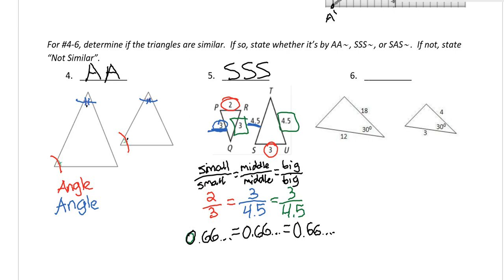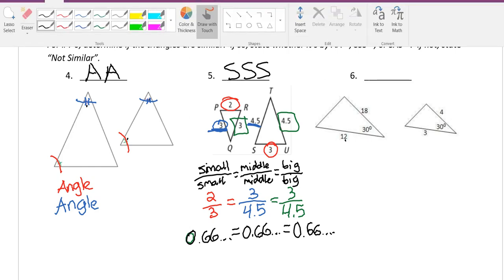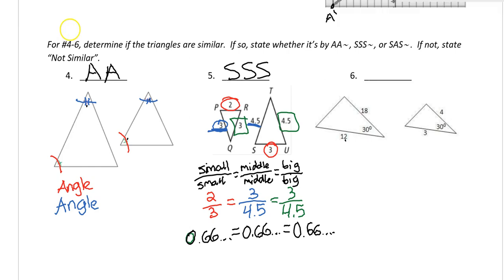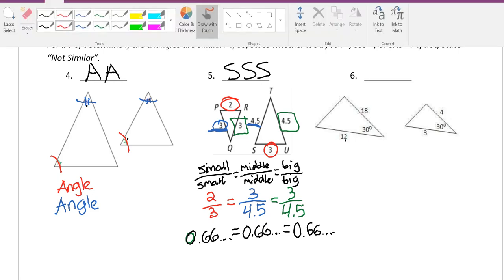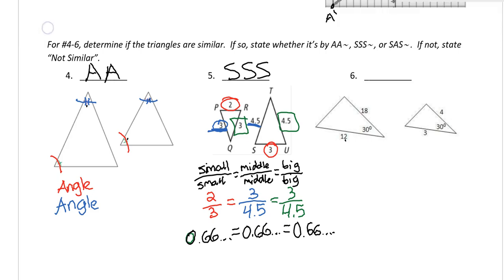Looking at our last one, I have 2 of my numbers on the outside, so those again are sides, and the number in the middle, right inside the triangle, is my angle. So for your sides, remember I still have to do small over small and big over big.